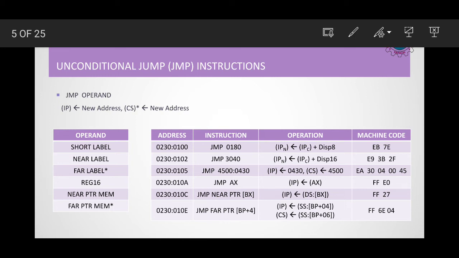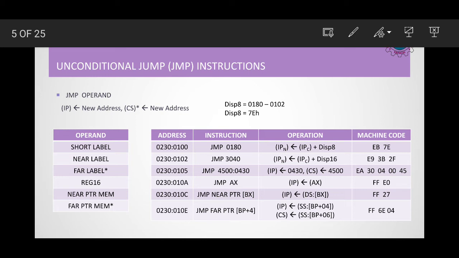The first example is JMP 180. That is written at offset 100 within the code segment. We have to calculate the displacement. If we consider this jump as a short jump, it will be of 2 bytes. So the next instruction will be at offset 102, that will be the current IP value. We have to perform the subtraction 180 minus 102.